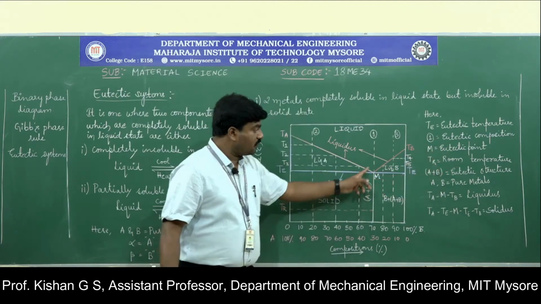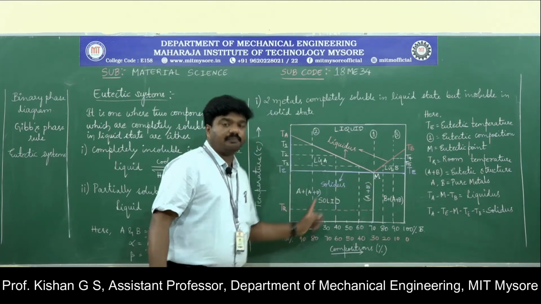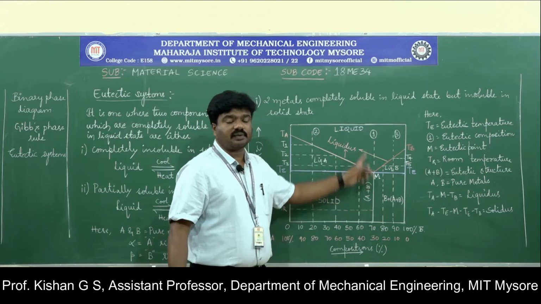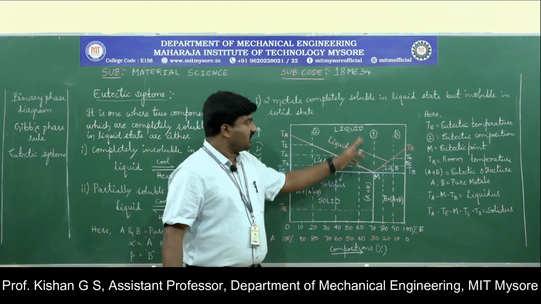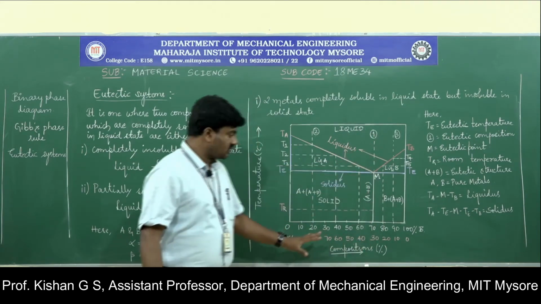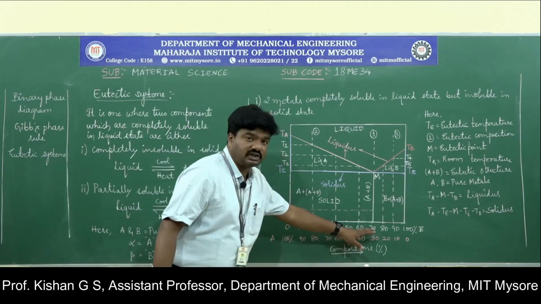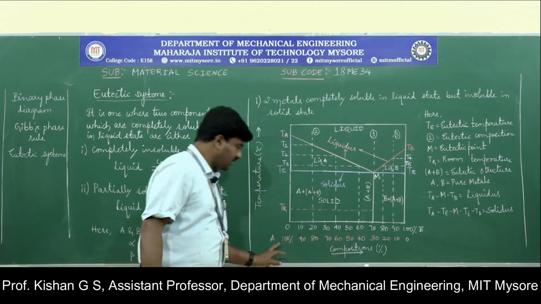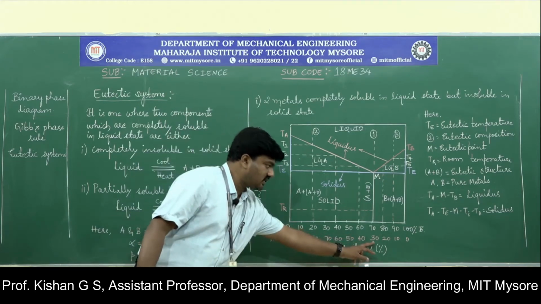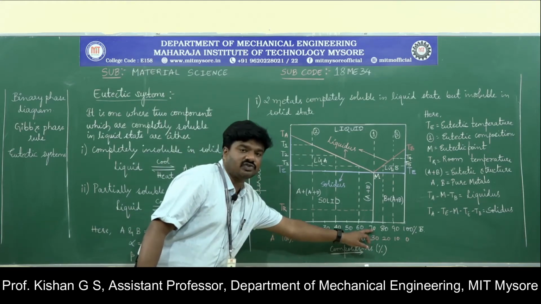The composition of pure metal A and pure metal B that leads to the eutectic point is called the eutectic composition. Here in this representation, it is 70% of B and 30% of A. You can refer to the figure. So it is 30% of A and 70% of B.